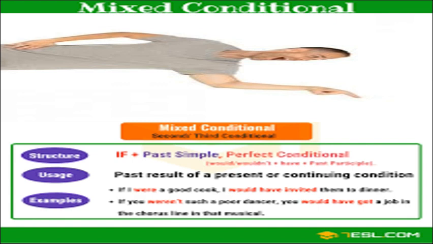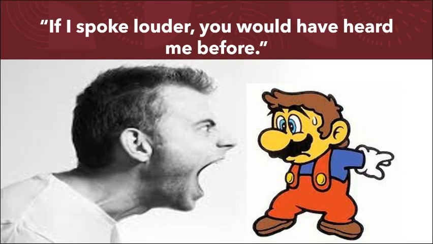Some examples for this are the following. "If I spoke louder, you would have heard me before." Now, unlike the first formula, you can see here the simple past, spoke, and then the modal, you would, and then the present perfect, have heard me.